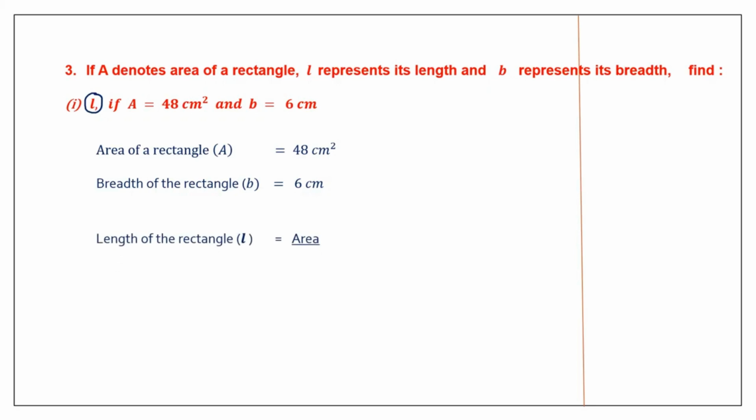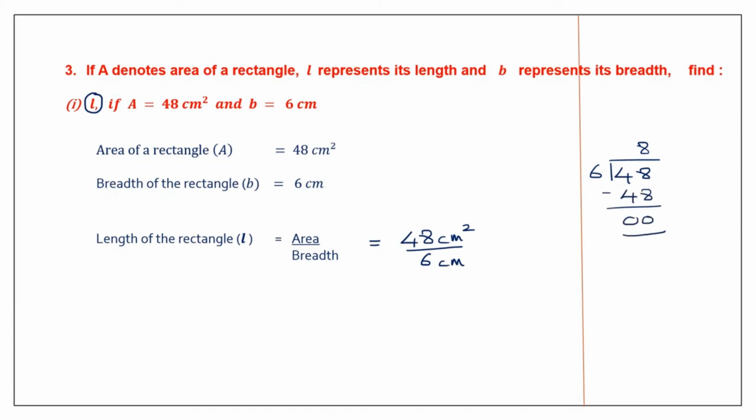Now we have to find the length with the help of the formula area divided by breadth. So length is equal to area divided by breadth. So how much is the area? 48 centimeter square divided by 6 centimeters. So we have to divide 48 by 6. 6 eights are 48 minus 0.